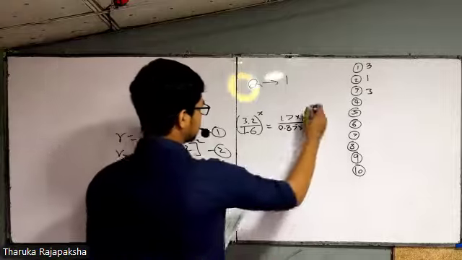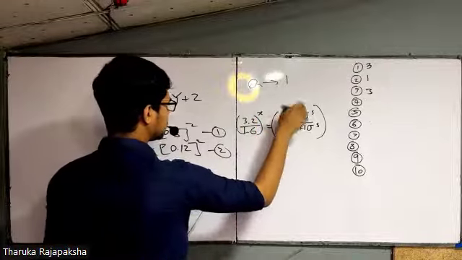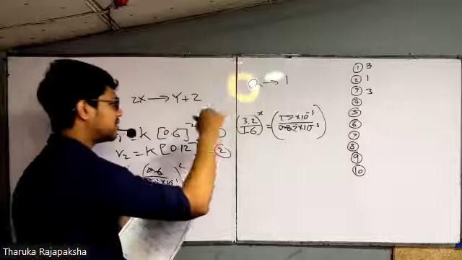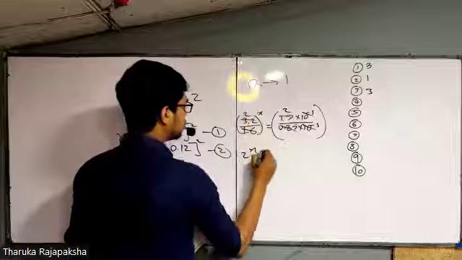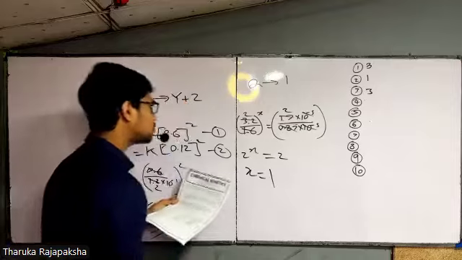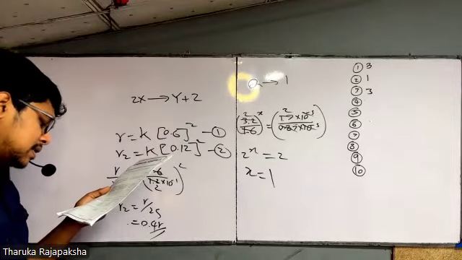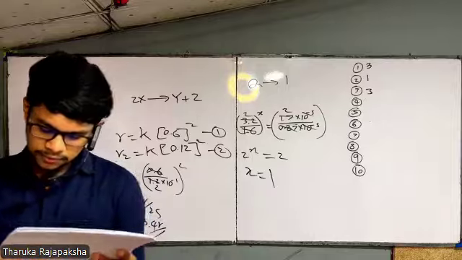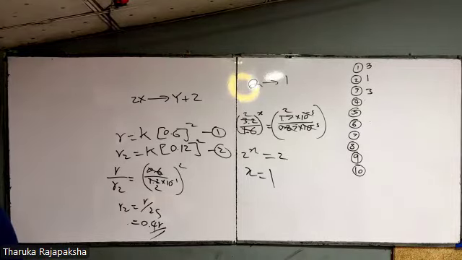This is also approximately twice, right? 0.8 times 2 is 1.6, and 0.87 is approximately twice. 2 to the power x equals 2, so x equals 1. Both are 1. Oops, there is a problem with the question. It's answer 3 or 5. I'll check and tell you. There's a problem with the typing.